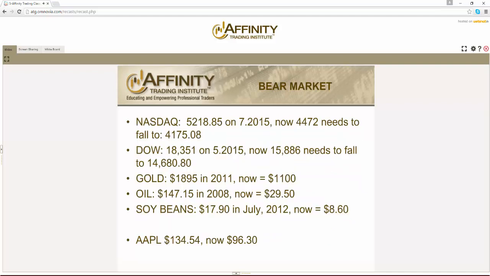Bear market. NASDAQ. The all-time high on the NASDAQ was not so long ago at 5218.85 in July 2015. Now it's actually 4,500 as of the close today. It needs to fall to 4175.08 to be officially in a bear market.